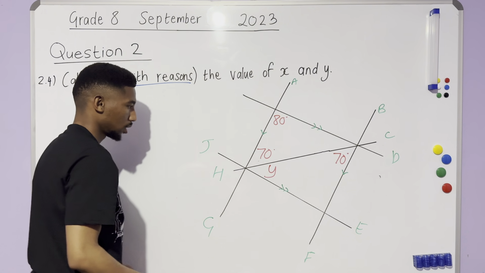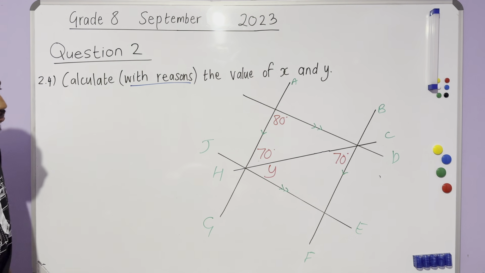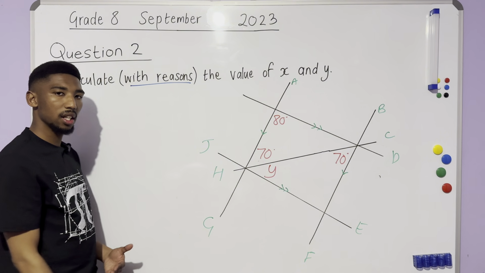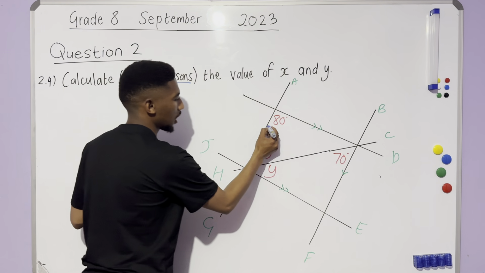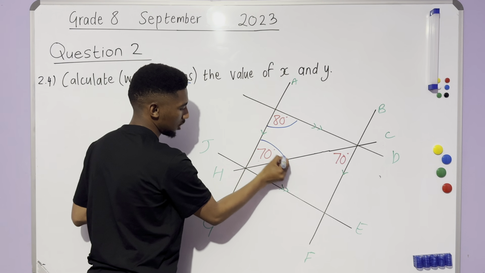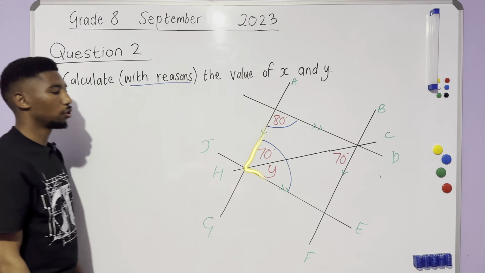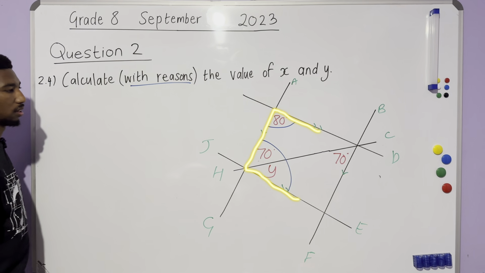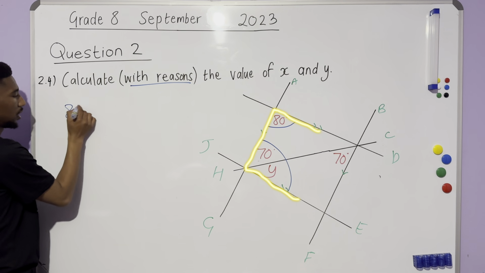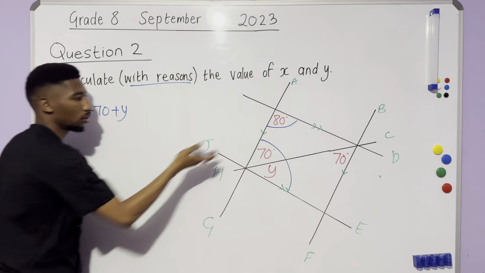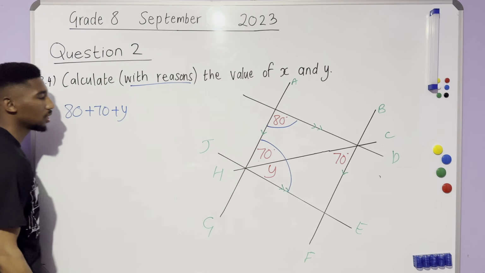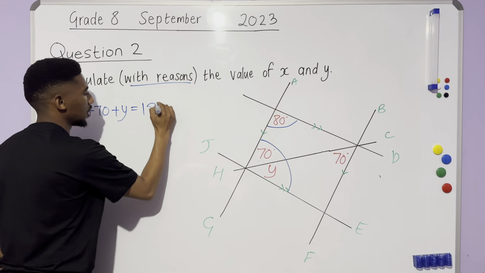Okay, now to find y, it's going to take a bit of a tricky eye. You can see that this angle 80 and these two angles over here are forming co-interior angles. So if you add 80 plus 70 plus y, which is all these angles inside the co-interior, it equals 180 degrees.